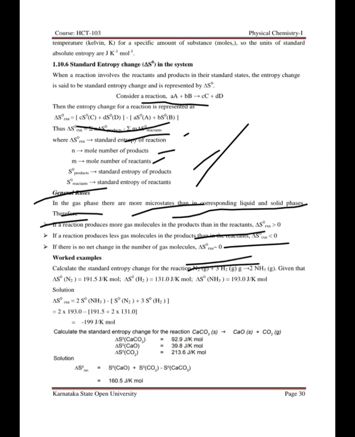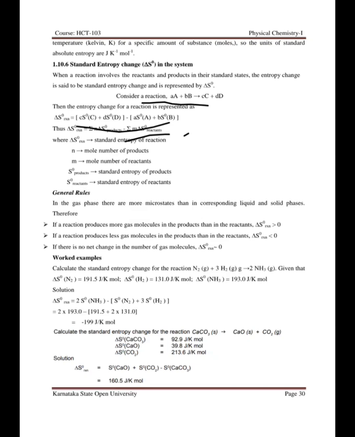So this is the reaction taking place in the system, where nitrogen plus hydrogen forms ammonia. So delta S naught, see, I have told in the previous class that they will give you simple problems where delta S naught is given.